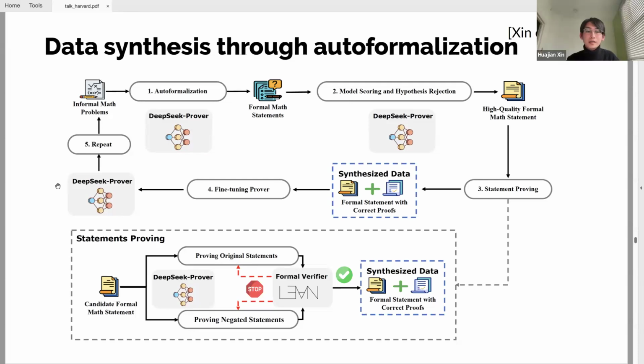Indeed, we have used some very simple techniques to remove exactly matching problems from the informal math problems that we scraped from the internet. We also considered the potential data leakage problem.